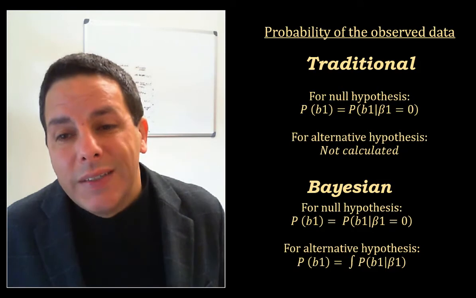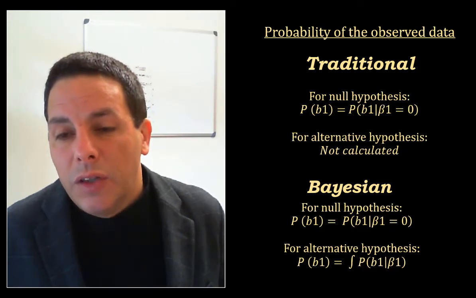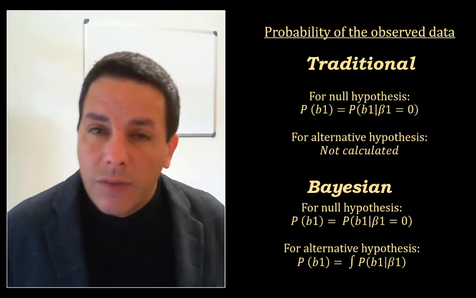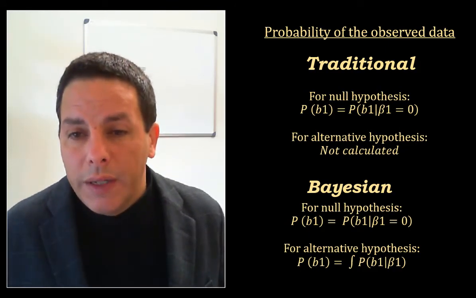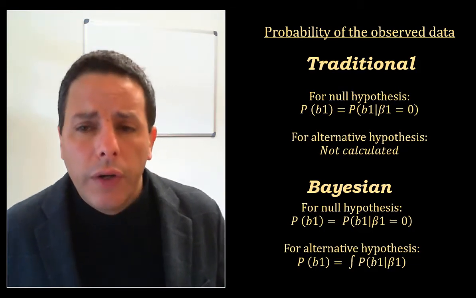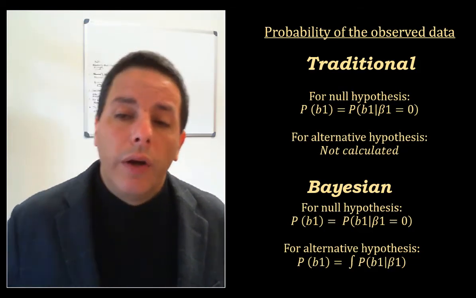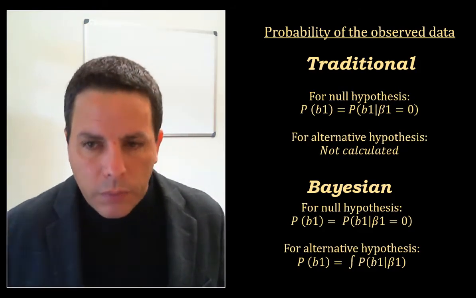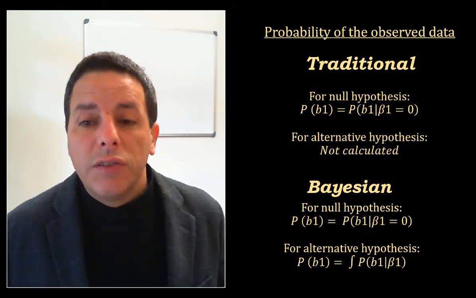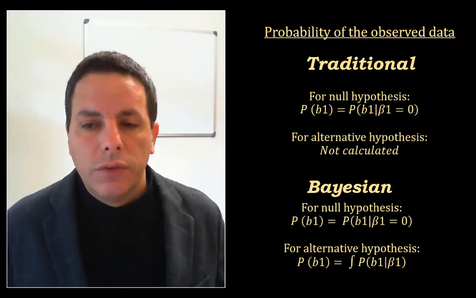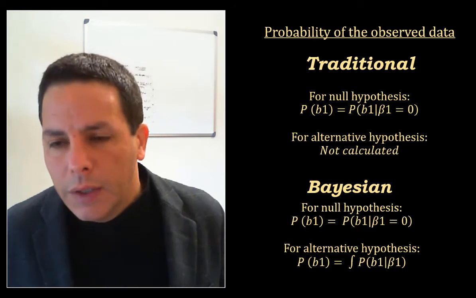But remember that in the traditional approach, when we do maximum likelihood estimation, we are interested in that value. But when we do null hypothesis testing, we are interested in the tail, so that value or more extreme. Now, for the alternative hypothesis, this is not calculated, and this is a problem to me.